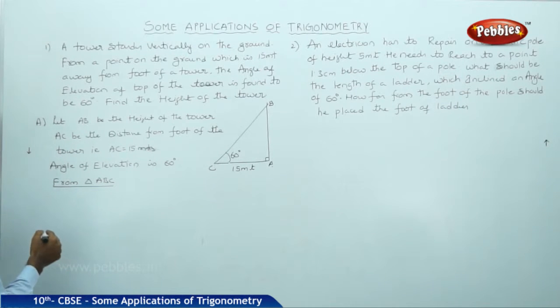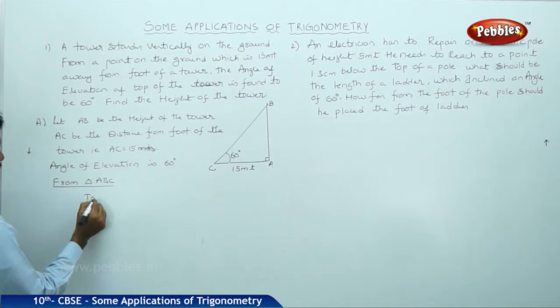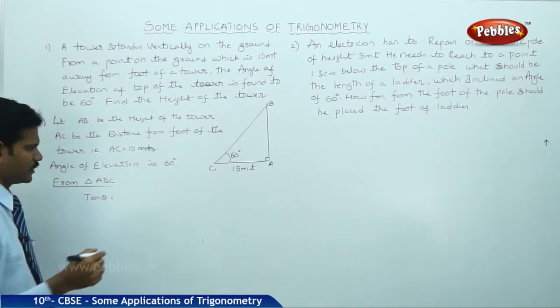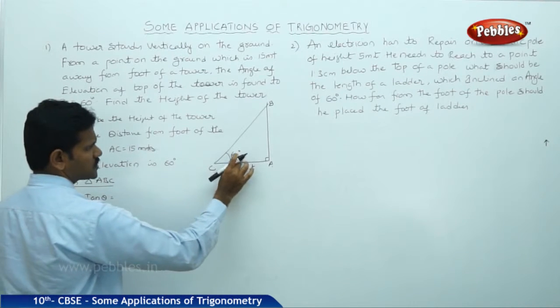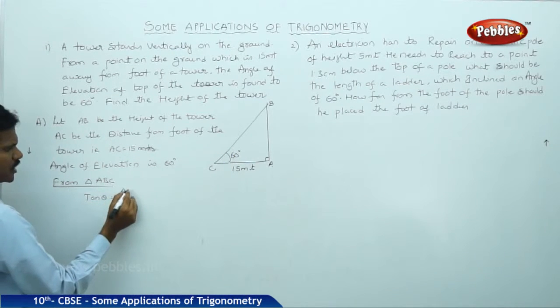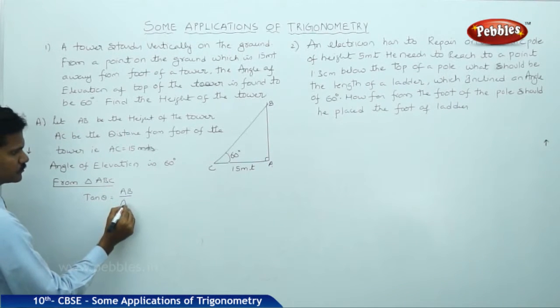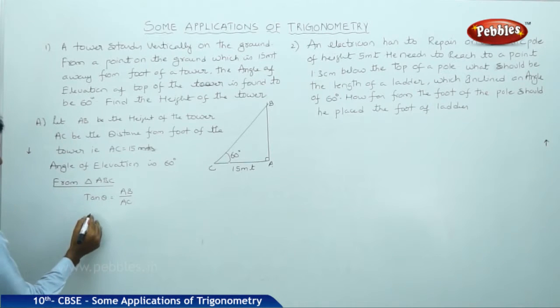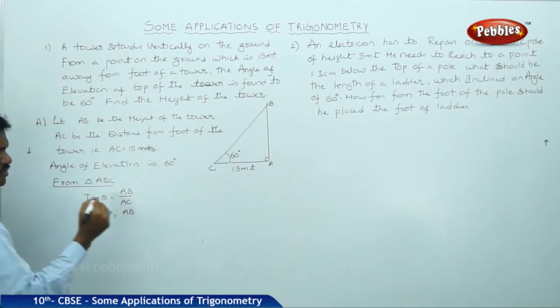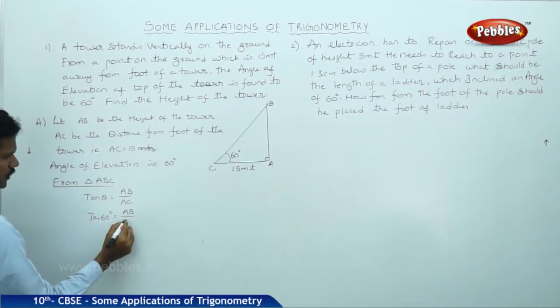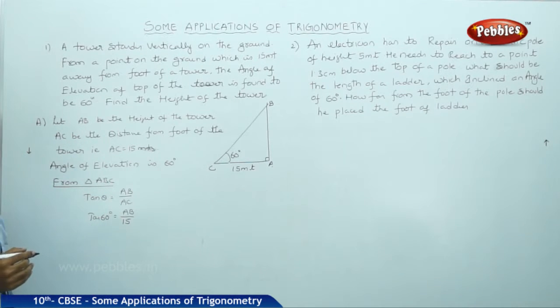From triangle ABC, tan theta is equal to opposite side by adjacent side. Now the opposite side to 60 degrees is AB and the adjacent side is AC. That is, tan 60 degrees is equal to AB, the height of the tower which we have to find, by AC, which is 15 meters.